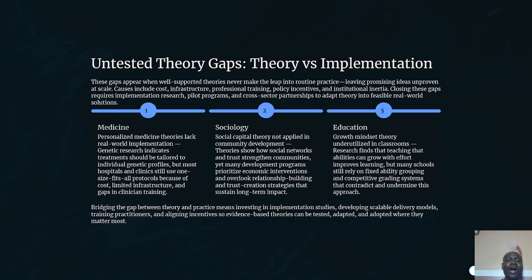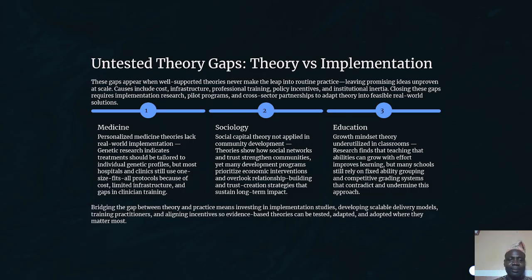You know, we could have the untested theory gap, that means theory versus implementation. This gap has to do with when well supported theories never made a leap to routine practice. That means doing them and seeing what happened.